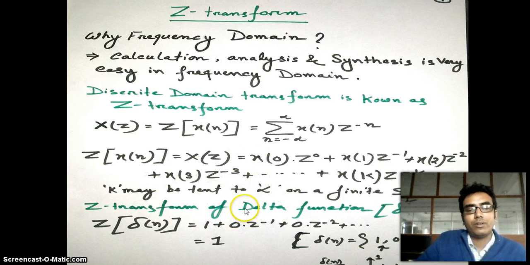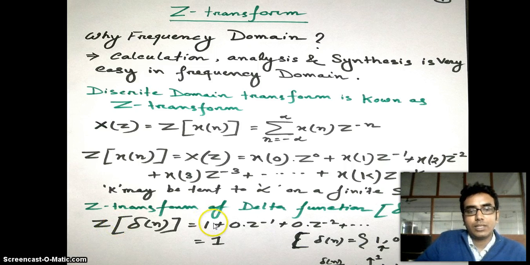So now we will find the Z transform of some basic signals like delta[n]. If you draw the impulse, then you will find that at 0 the value is 1, and for other values of n the value is 0.